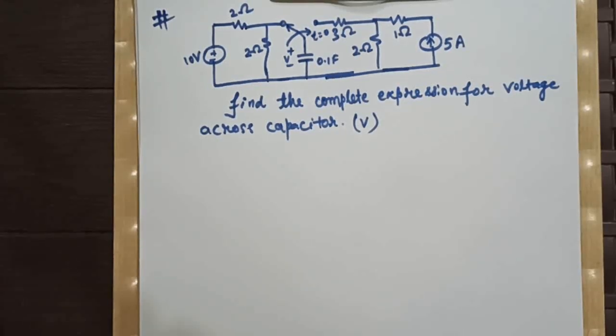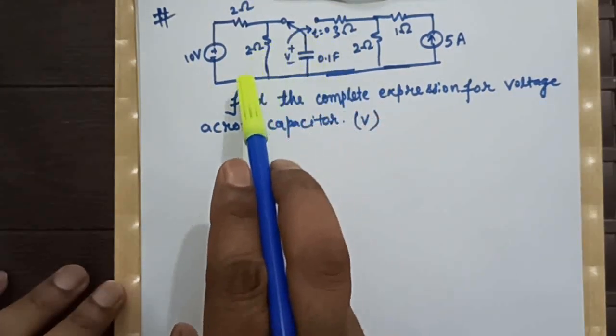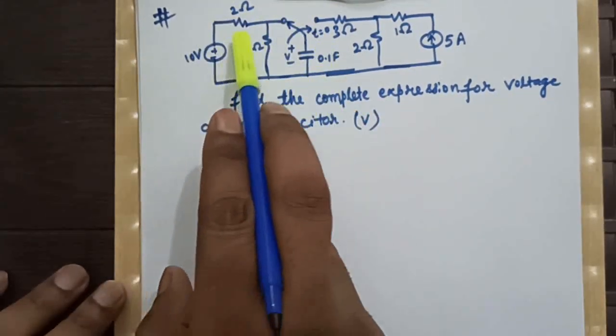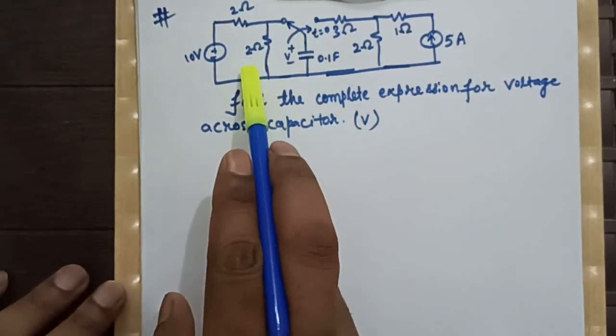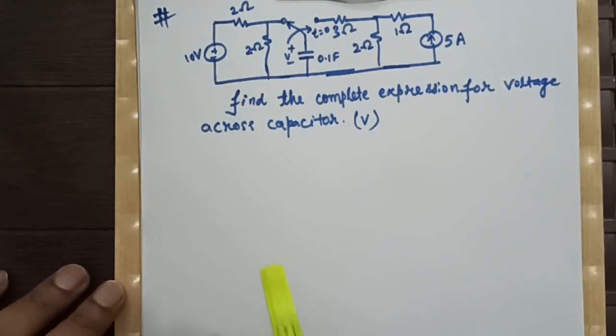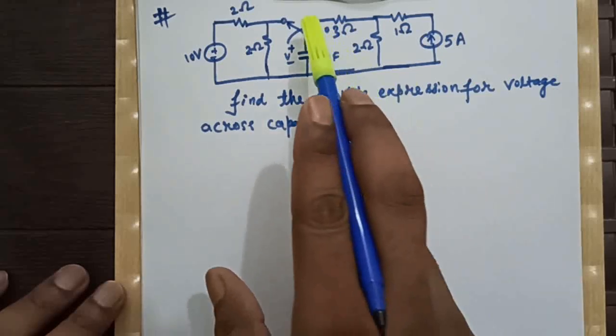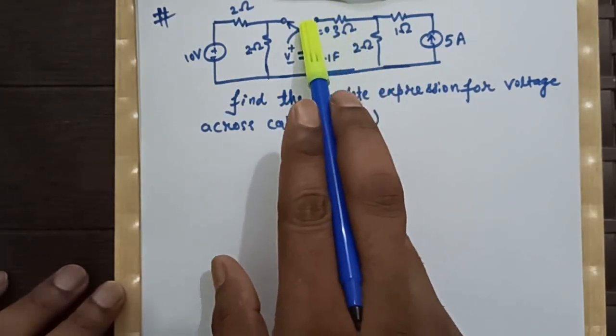Now see, if we look at the circuit carefully, what we observe? We observe that this capacitor was in steady state with this part of the circuit for very long time, and at time t equal to 0, the switch is moved to this position.